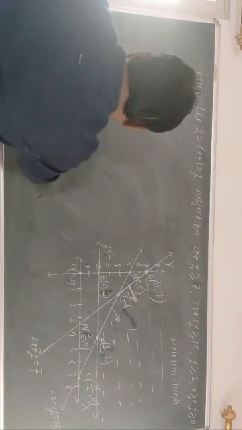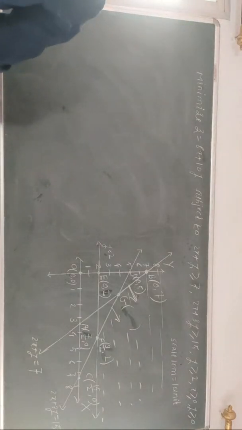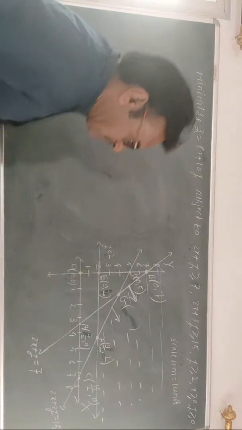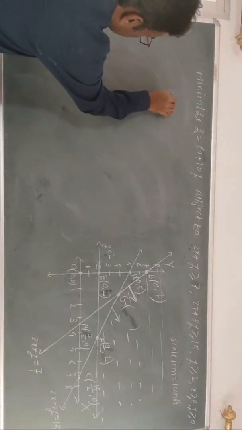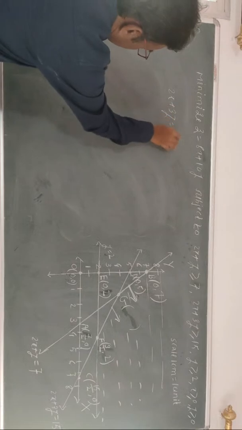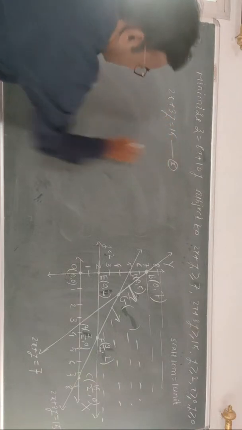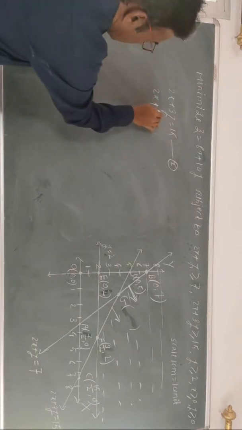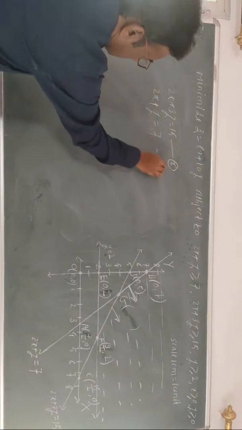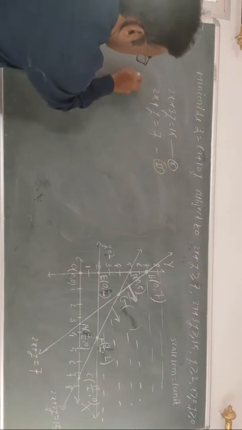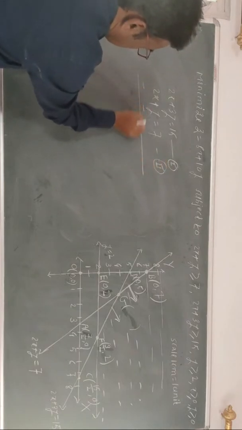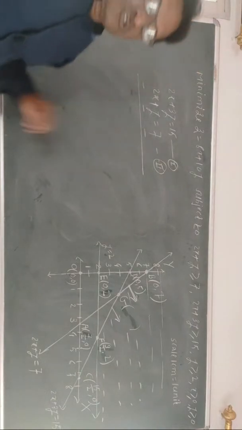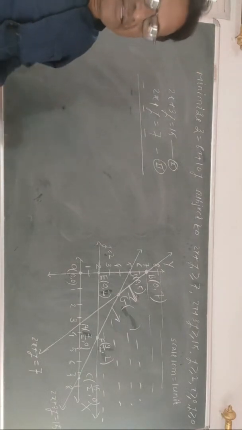After solving these two equations, we get the coordinate of the point G. First equation: 2x plus 3y equals 15. This is equation number first. Second equation: 2x plus y equals 7. This is equation number second. By subtracting these two equations, because the coefficient of x is equal, we get the y coordinate.